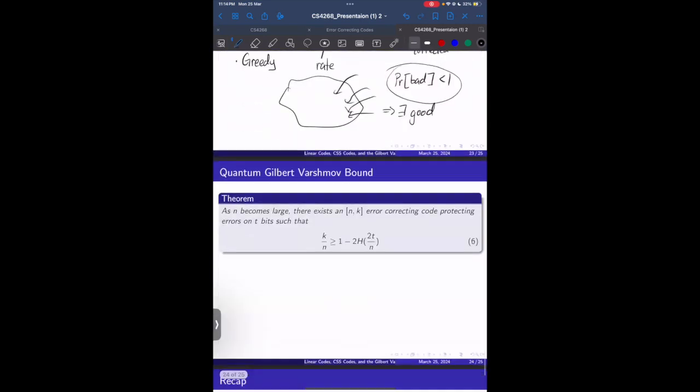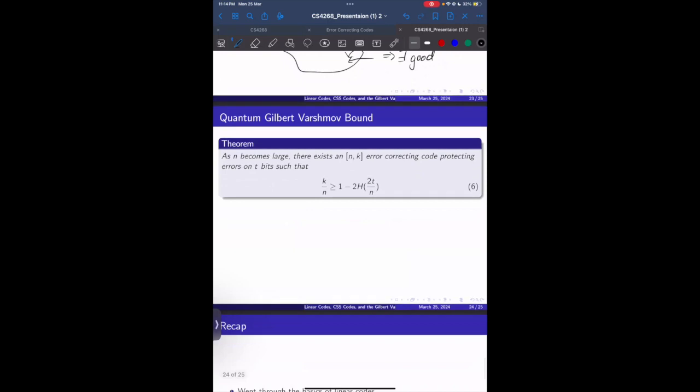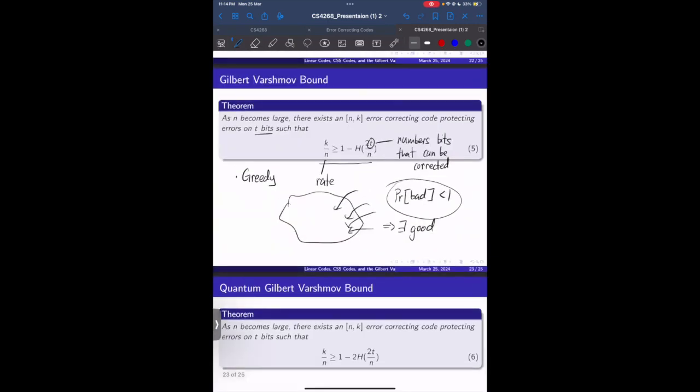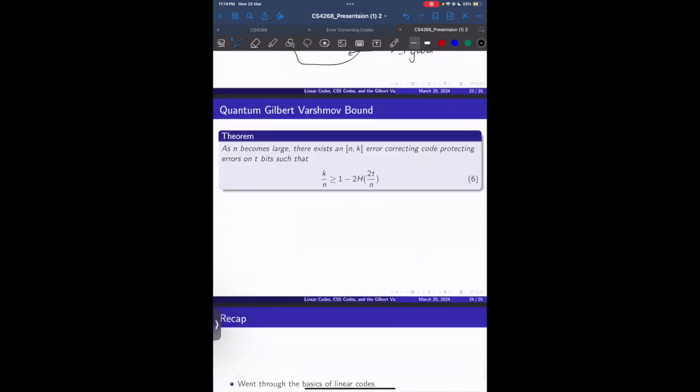Same deal for the quantum Gilbert-Varshamov bound, right? The argument is a bit complicated, but basically the idea is also the same thing. You apply some greedy strategy, but using the CSS codes, you can make some argument to show that this is true.